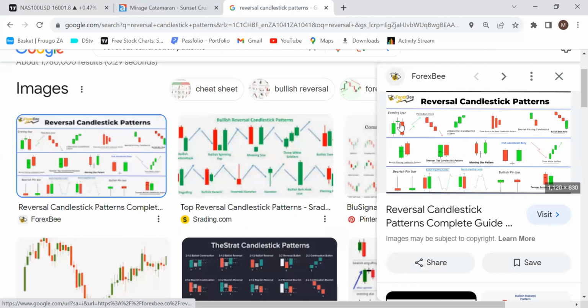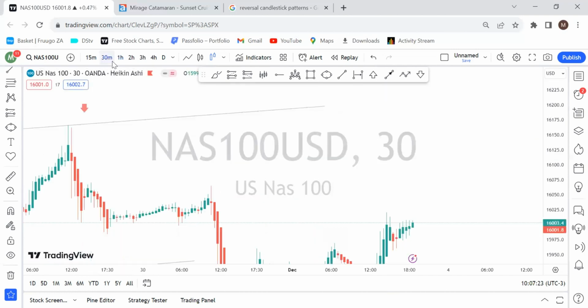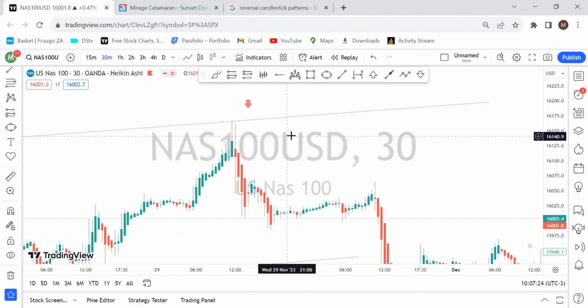Could either be, in this case it's an evening star, but then in this drawing the wicks are very small, but then the size doesn't matter. The body, the concept of the wicks is what matters. So it's basically an evening star. Let's try to see what we have in the 30-minute time frame.